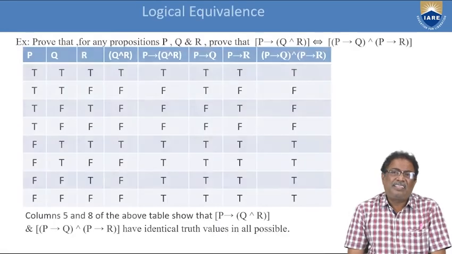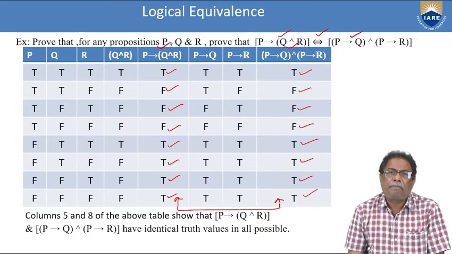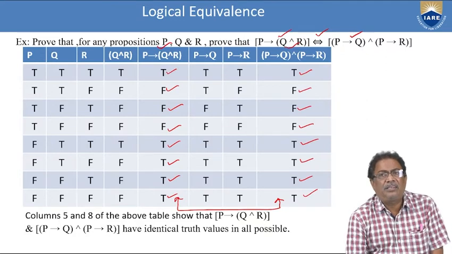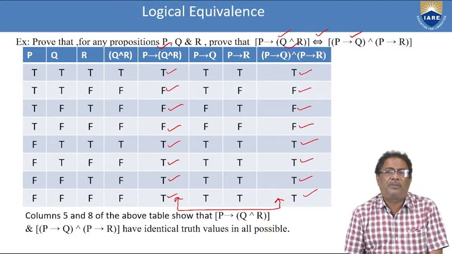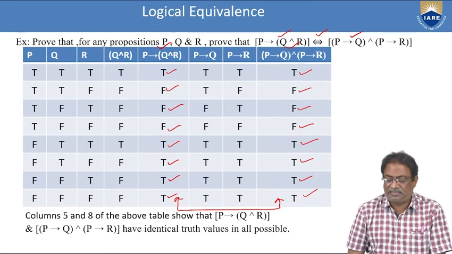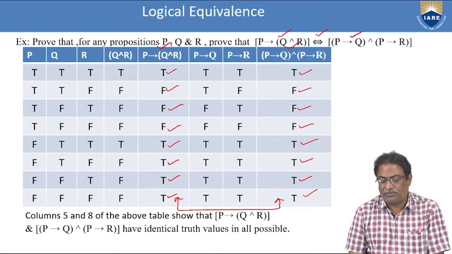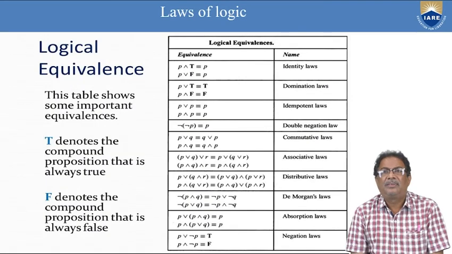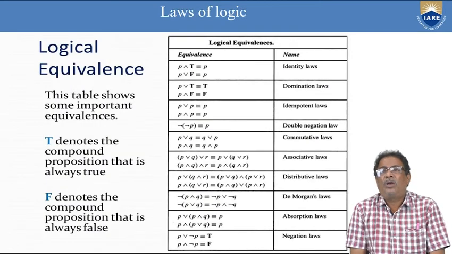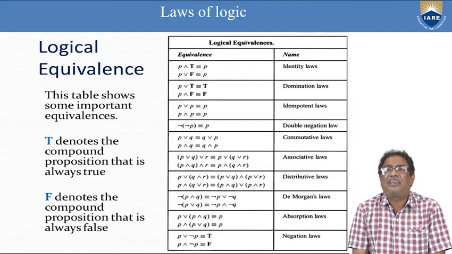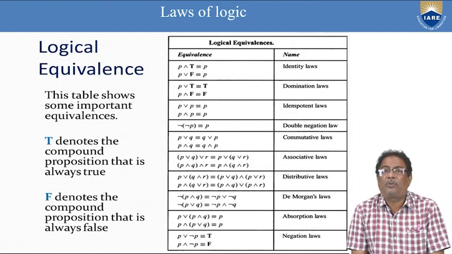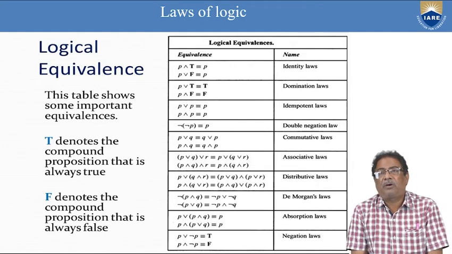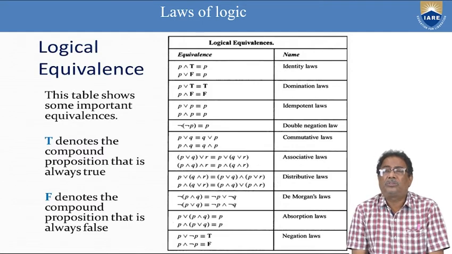Now, constructing the truth table is no problem whenever the number of statements is small. But whenever the number of statements is large, how are we going to verify the logical equivalence of two compound propositions? It is not possible to construct such very huge truth tables.